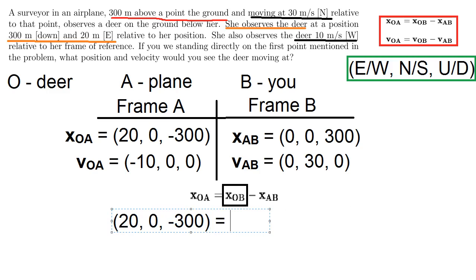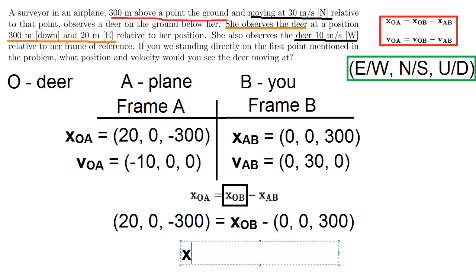And this is equal to XOB, the thing we're trying to find, minus XAB, the plane as seen by observer B. So when we put these all in, we can solve for XOB, which is the animal as seen by us, the external observer.